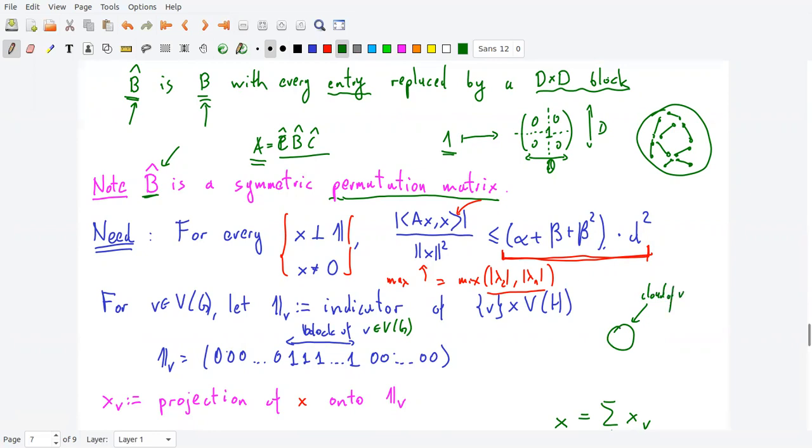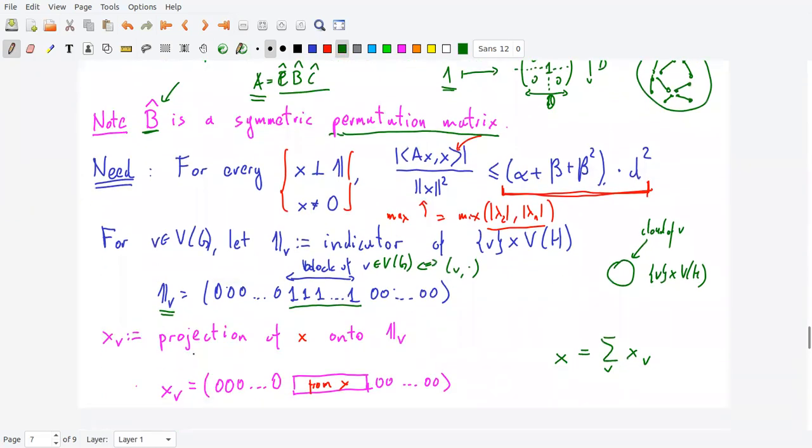This is this fiber, v times the vertices of H. Then I can define the indicator vector all ones on v, which is the indicator vector of this cloud. So this vector looks like all zeros, apart from ones exactly at the vertices of the block of v, meaning the vertices of the form v times whatever from the graph H. So this is the vector all ones on v.